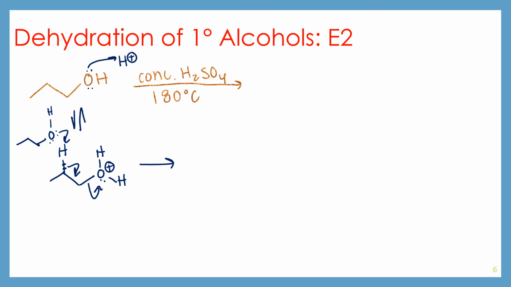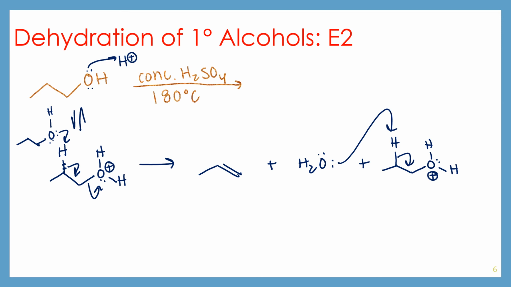So we form the double bond and we kick out water. We end up with our alkene plus water and also an equivalent of the protonated alcohol, which we needed anyway because now we could go ahead and continue our process. And we also just made water, so we could even start to switch up our base if we wanted.